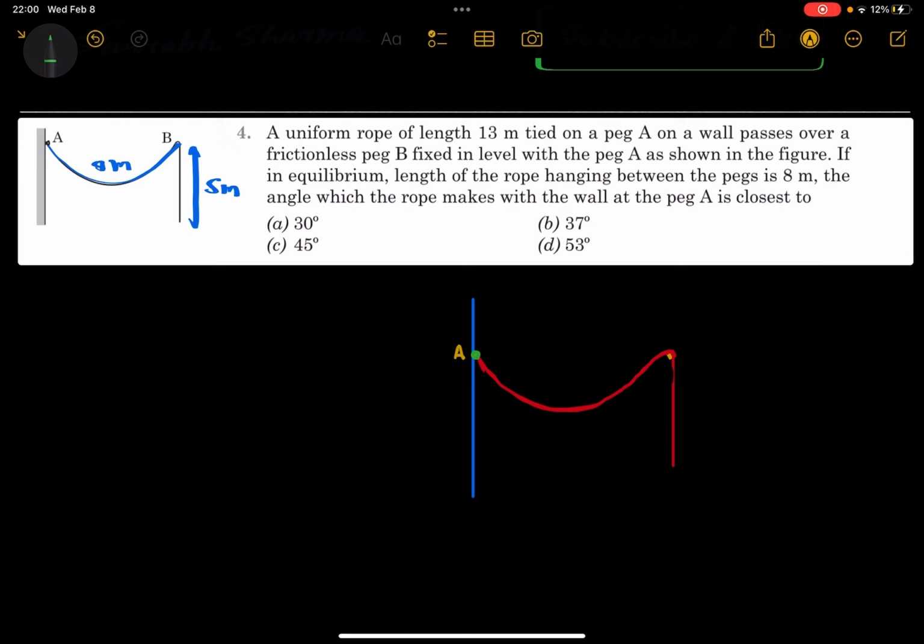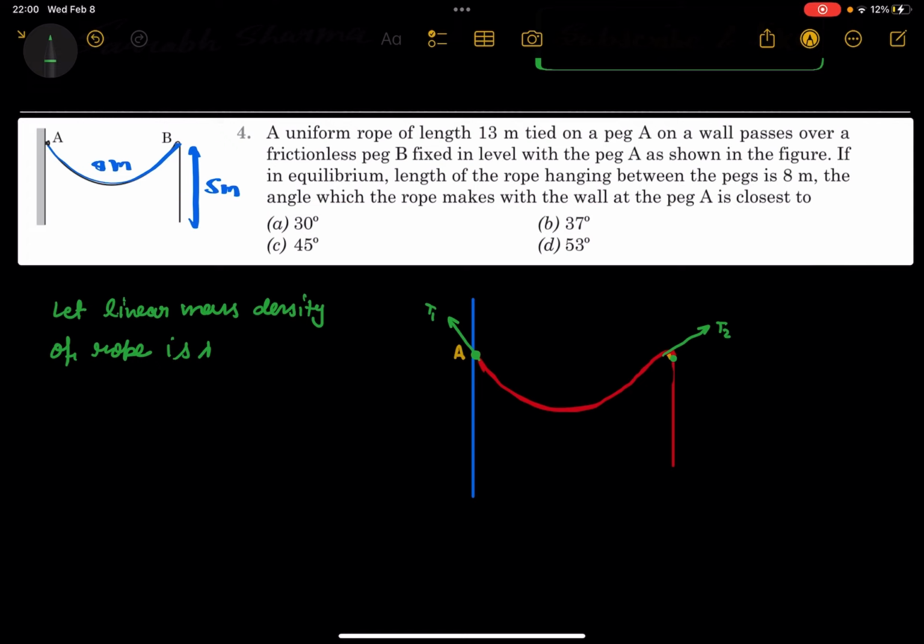At this point, one tension T1 is developed, and at this point one tension T2 is developed. Here also T2 is developed. So I want to draw this free body diagram separately. Let the linear mass density of the rope be lambda.